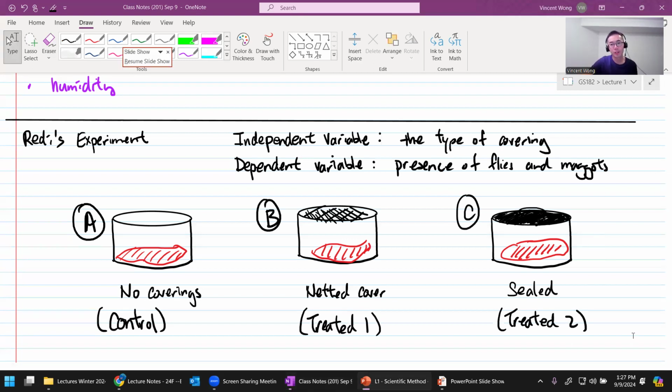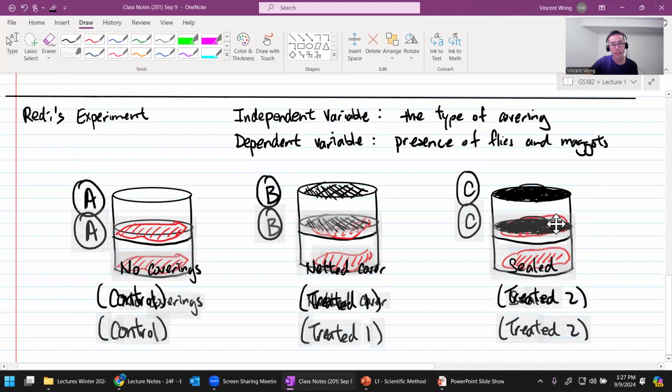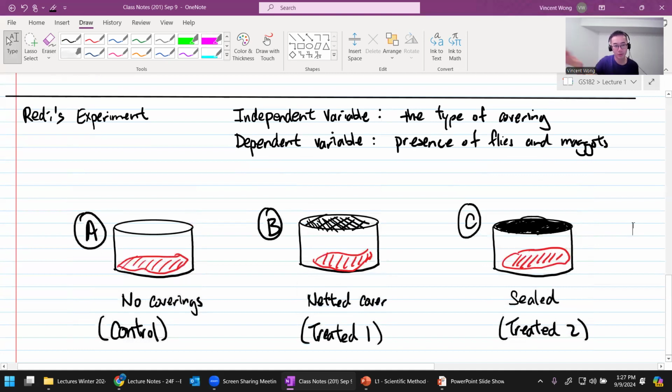Now I am sure you can predict the results. Again, this should be common sense for us. Flies and maggots on the first one for sure. These are flies buzzing around, and then you've got the maggots crawling around. If you don't believe this, try it yourself, and you will never forget it. What about B?